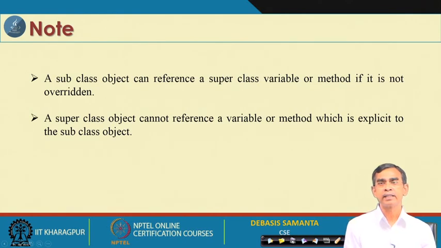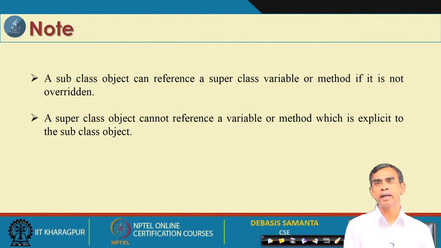Now, regarding this inheritance concept, one thing that we should note is that a subclass object can refer to a superclass variable or method if it is not overridden. That means all the methods and variables are accessible to the subclass if they are not defined in that class itself. On the other hand, the reverse is not possible.